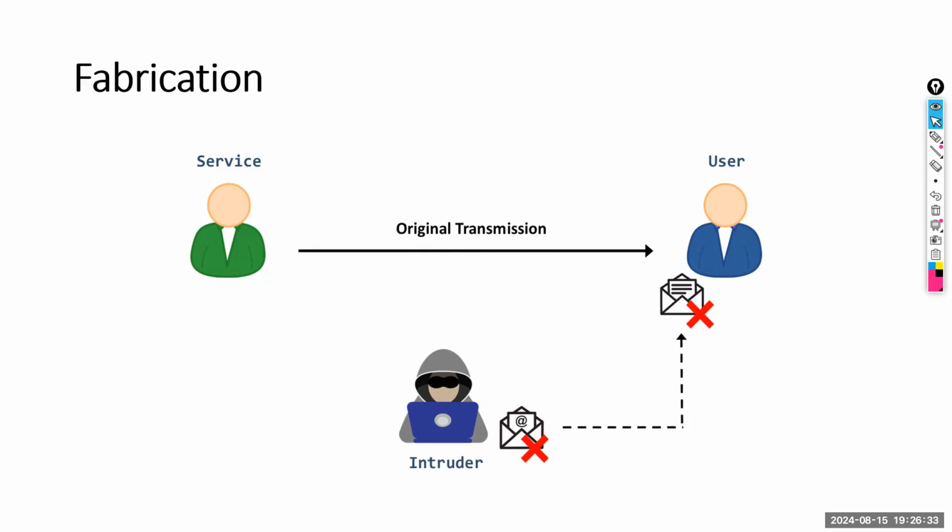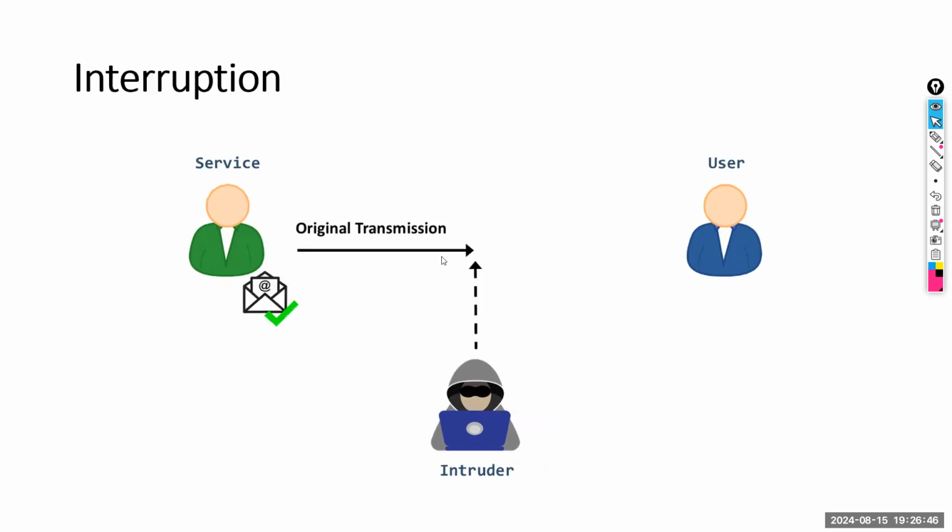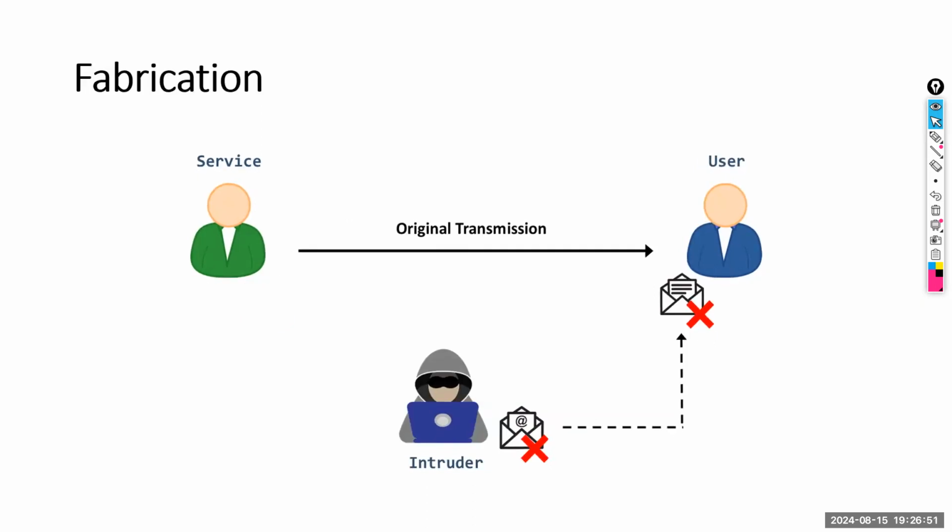Sometimes you pretend like it is sent from some other party, but actually that attacker is sending those after hacking your system. So what are the four types of attacks? Interception, interruption, modification, fabrication. These are more related to network security.